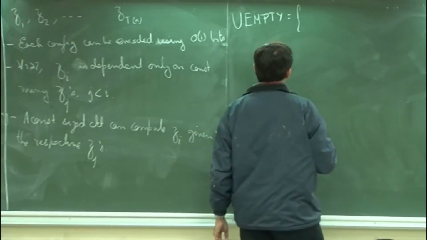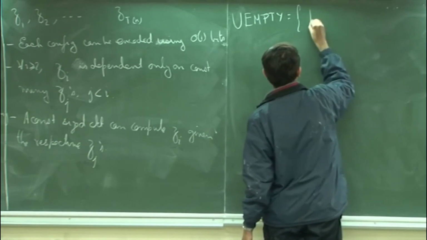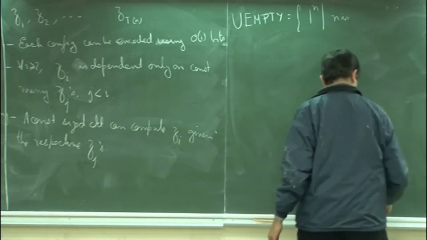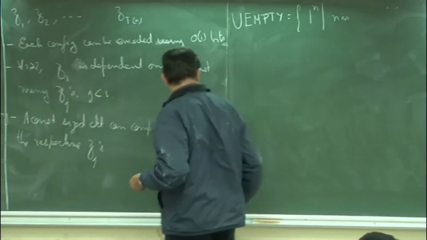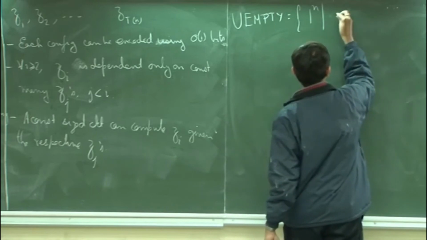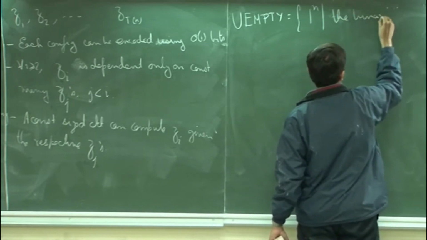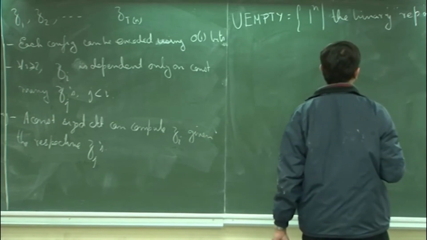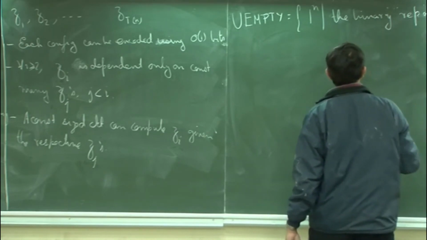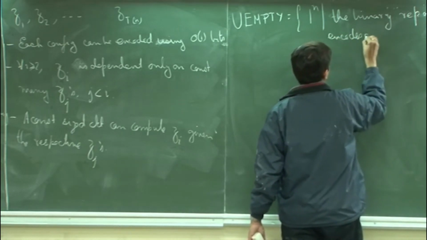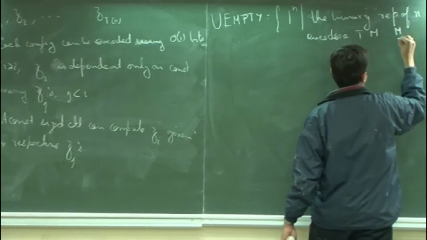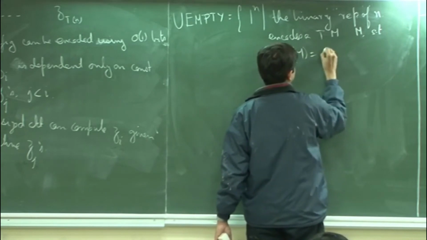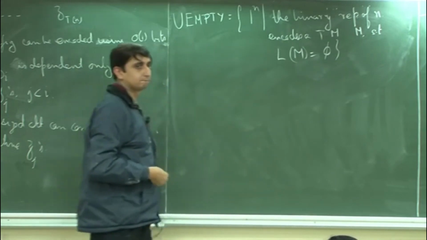So, U_MT is the unary encodings of all those machines M such that n, the binary representation of n, encodes a Turing machine M such that L of M is empty.